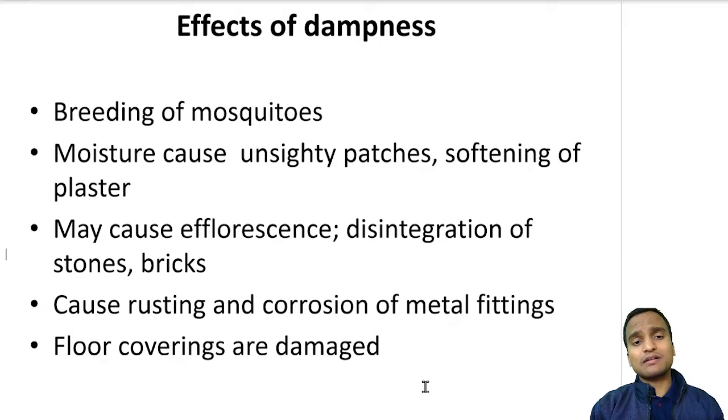There is efflorescence development on the plasters, and it causes disintegration of stones, bricks, mortar, and the spalling that we have explained, because of rusting and corrosion of the steel reinforcement bars. It also corrodes the metal fittings in the doors and windows which we have used significantly. That's why in the bathroom the doors and windows are severely affected if there is dampness, or the floor coverings can be damaged.